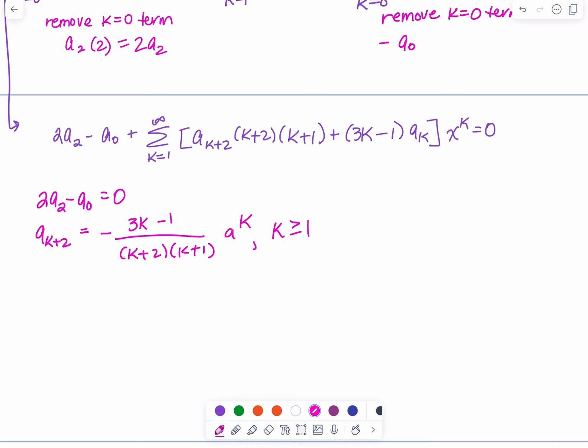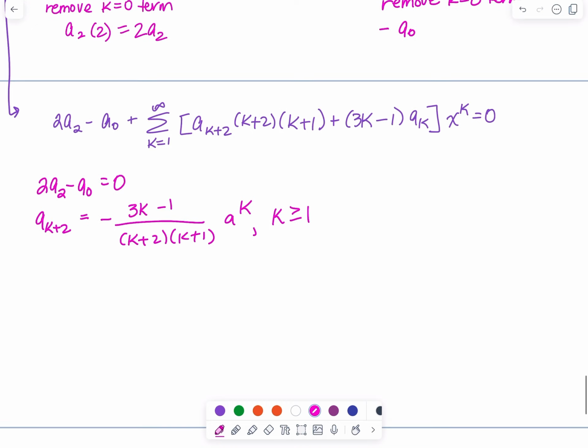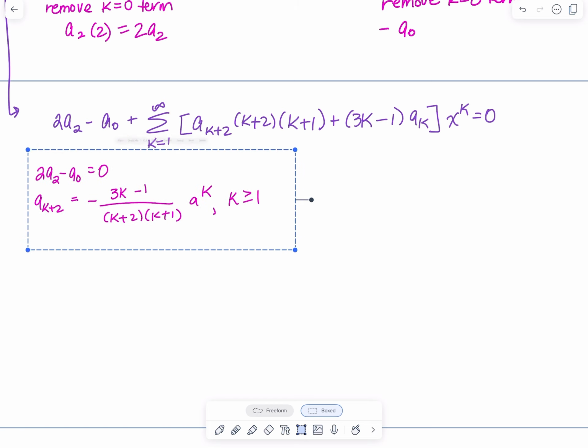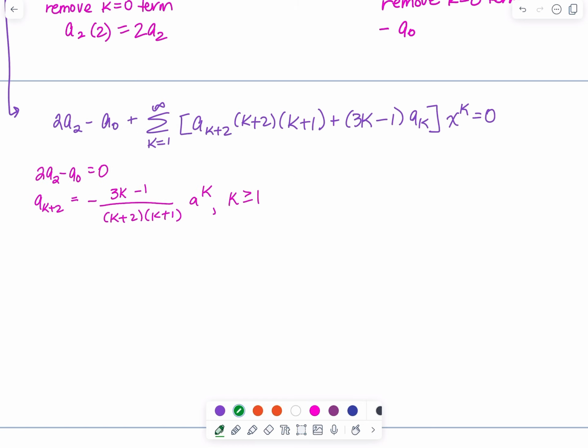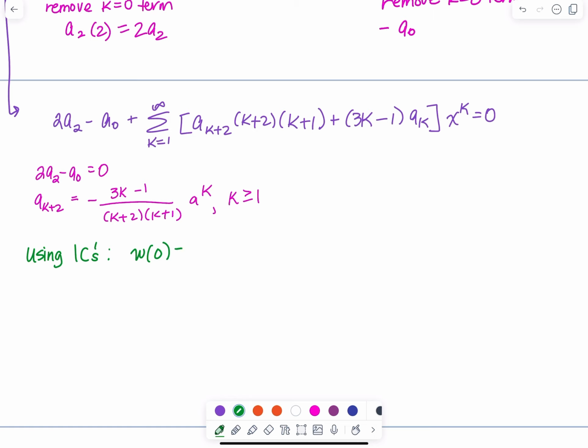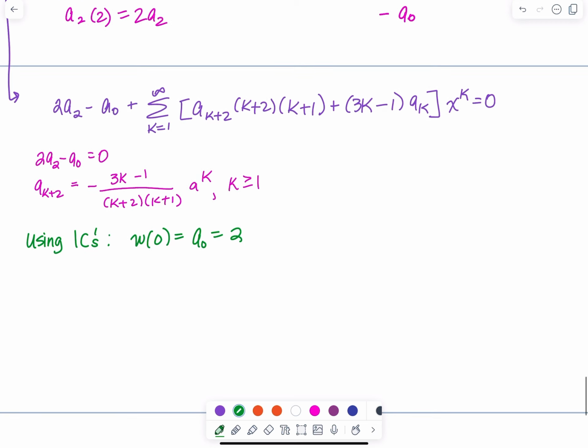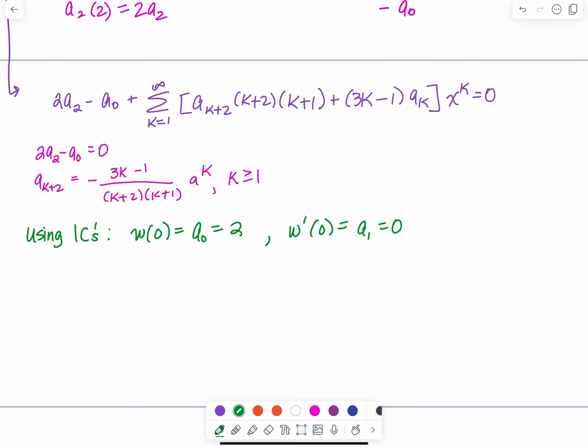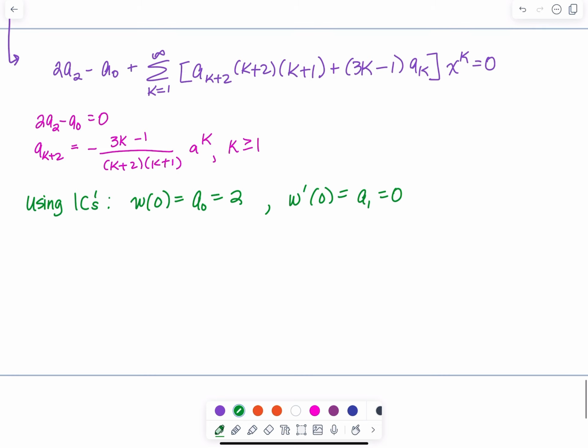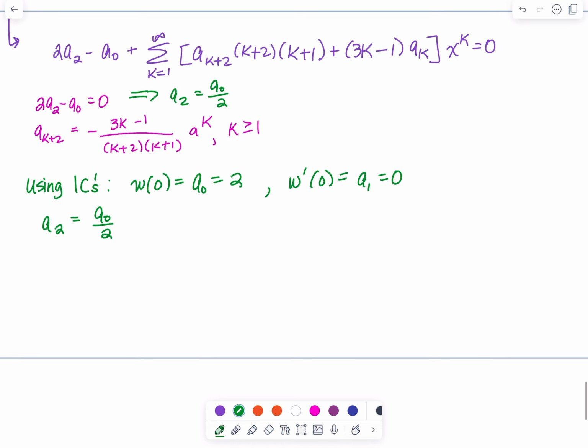So now, from our initial conditions, let's go ahead and write those down. We have that w of 0 was given to be equal to a naught, which is equal to 2. And we also have that w prime of 0, which is equal to a sub 1, was also equal to 0. So what do we have? We have now that a sub 2 is equal to a naught over 2, and that is equal to 1.